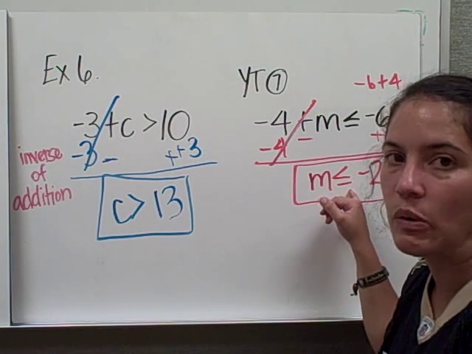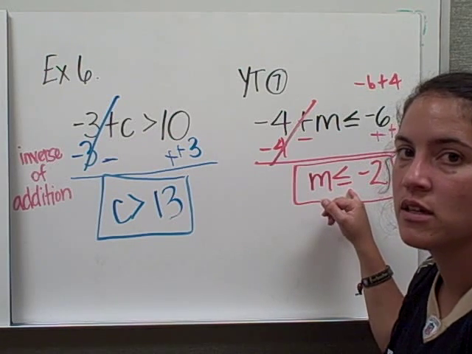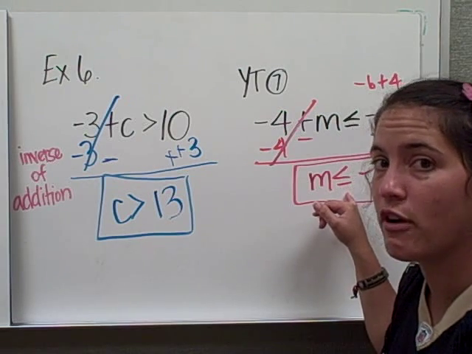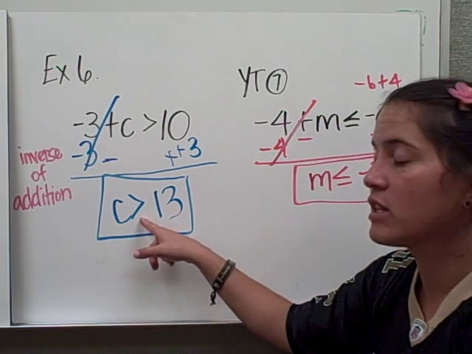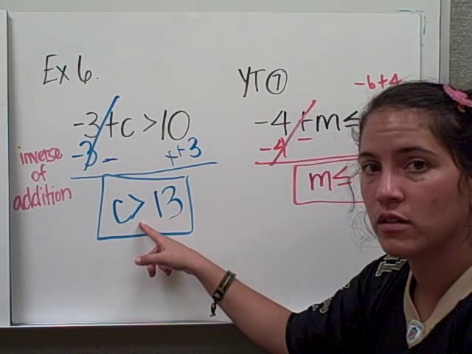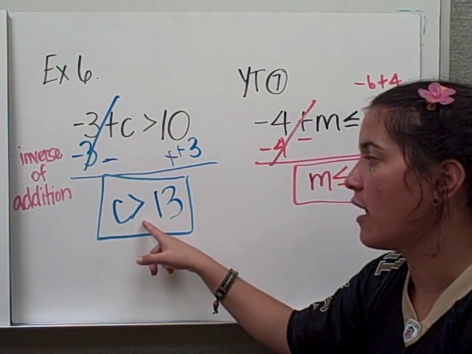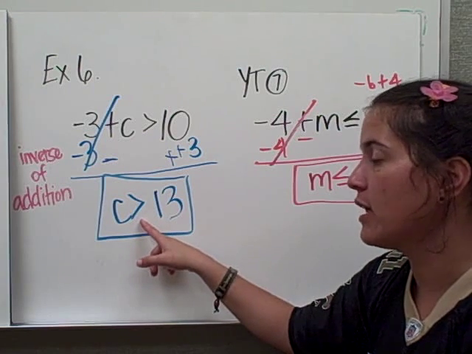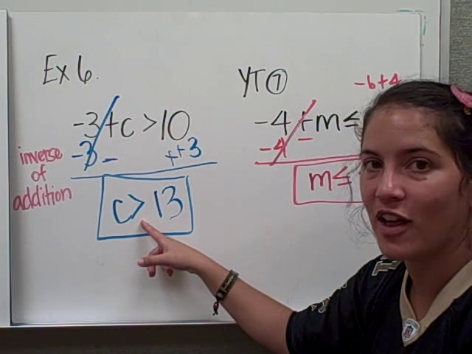And would you shade left or right? So if you said closed and if you said left, then you are correct. What if we were going to graph this one? Would this be open or closed? Would you shade left or right? If you said open and if you said right, then you would have gotten that one correct.